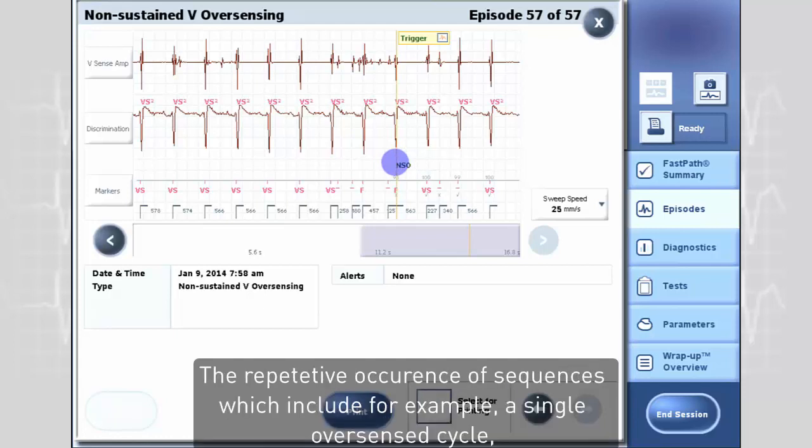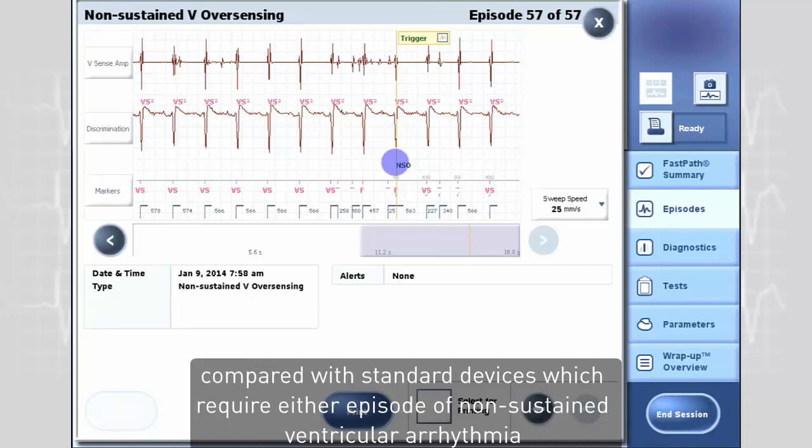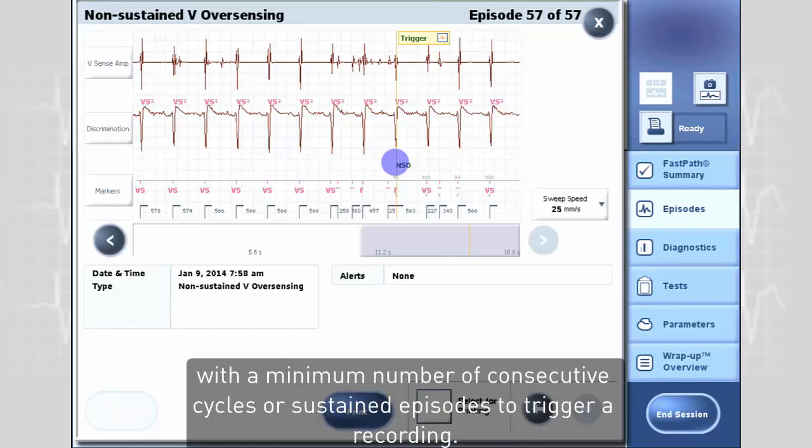The repetitive occurrence of sequences, which include, for example, a single oversensed cycle, gradually increases this noise counter, which considerably increases the ability to diagnose these oversensing issues compared with standard devices, which require either episodes of non-sustained ventricular arrhythmia with a minimum number of consecutive cycles or sustained episodes to trigger a recording.